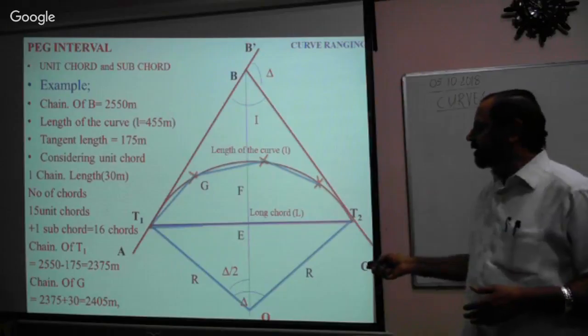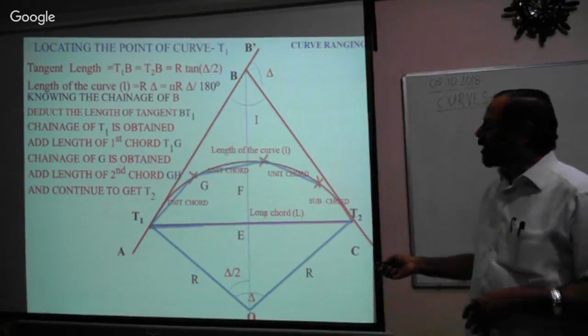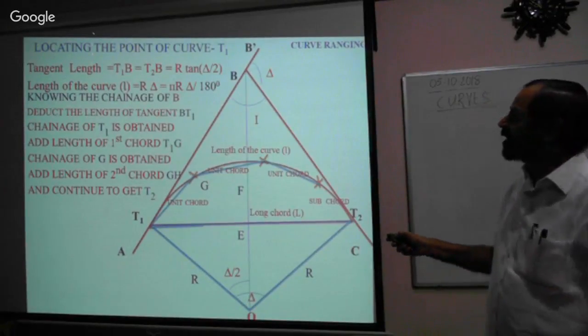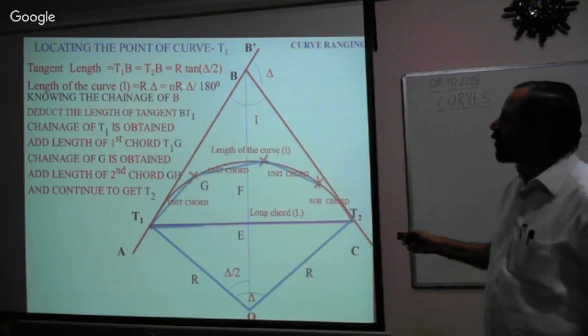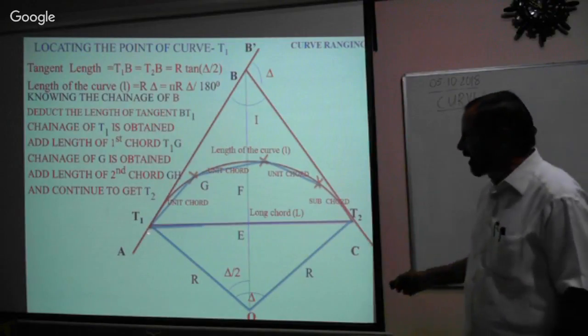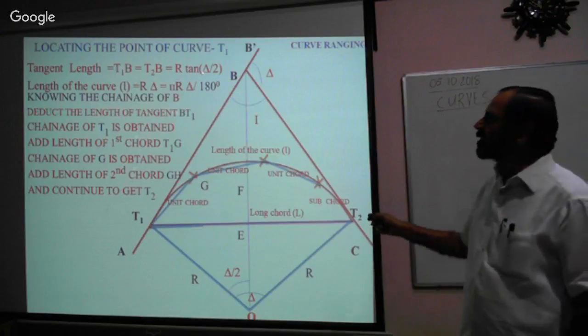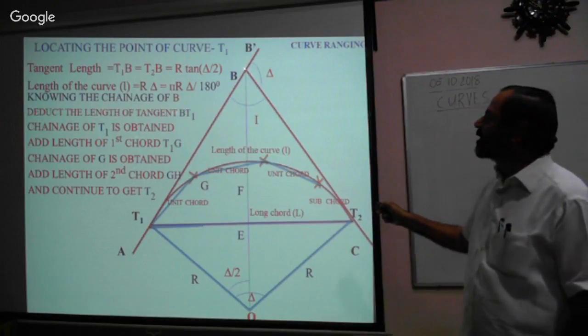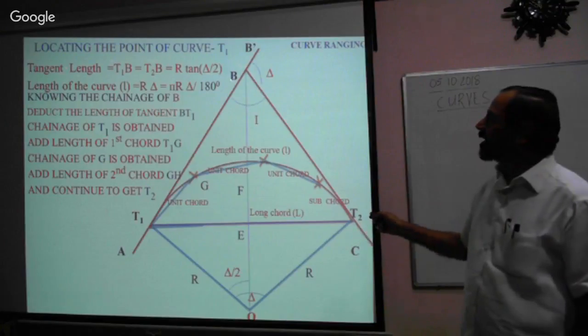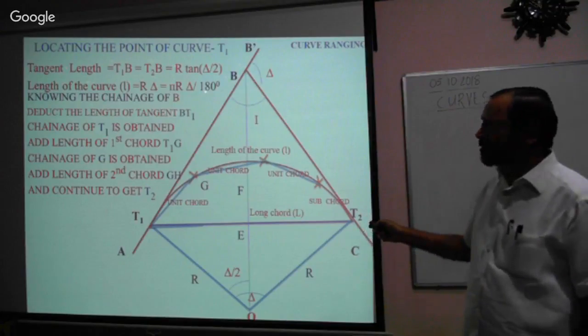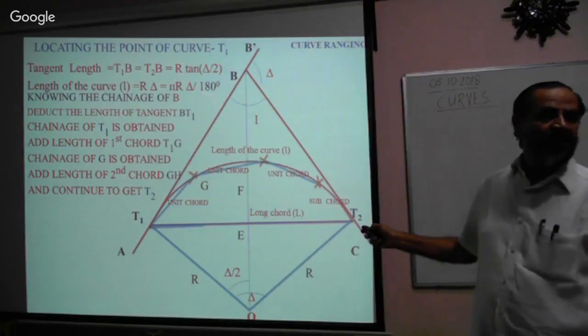Now see, this is locating the tangent point. What I have explained now, the same thing, is summarized here from the previous two slides. First calculate the tangent length, calculate the curve length.